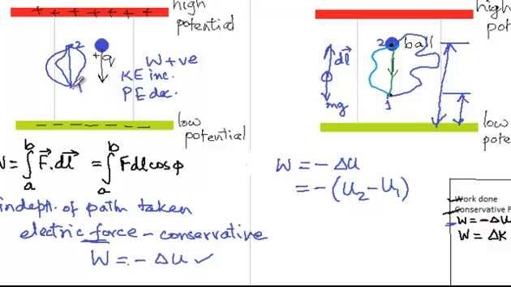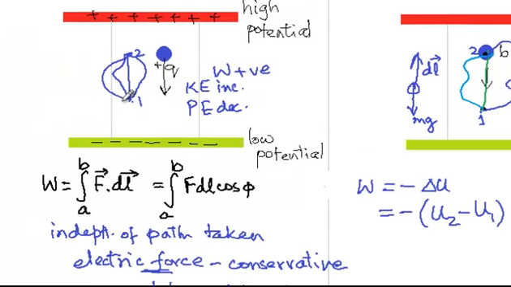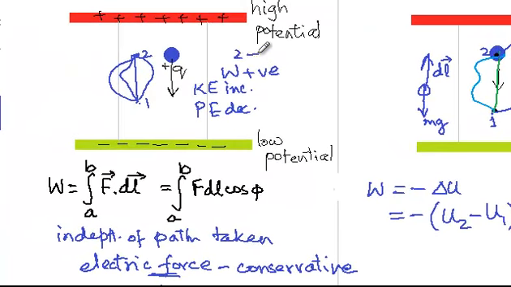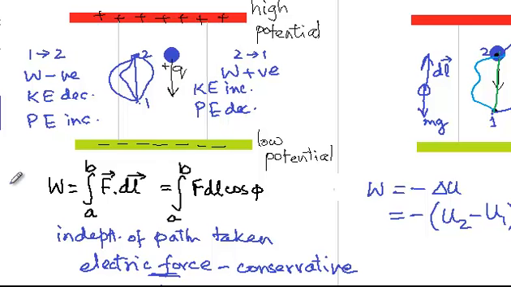This is when the particle moves from 2 to 1. When the particle moves from 1 to 2, the work done by the electric force is negative. The kinetic energy of the particle will decrease and the potential energy will increase.